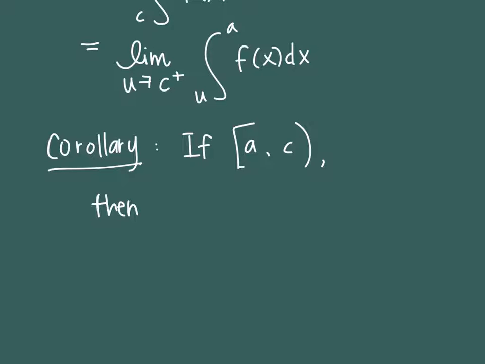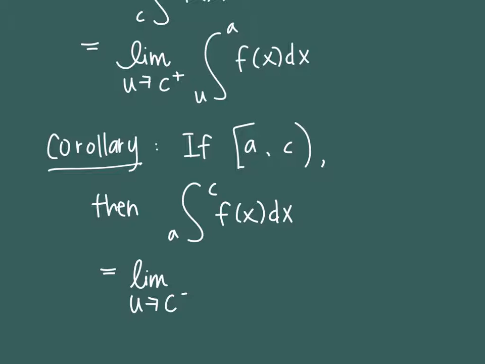So then your integral that goes from A but ends at, trying to end at C, but it can't, would get replaced with the limit as u approaches C, and you stay on the left side this time, from A to u of f of x dx. So there's a lot of letters and numbers and limits and pluses and minuses, but it'll make sense when we actually do the problems.